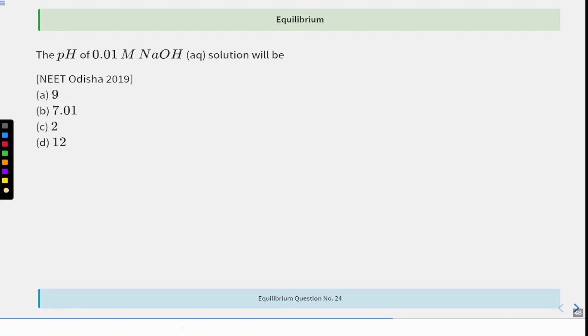Now, pH is basically we are trying to measure how acidic our solution is. Now you know that pH lies on this scale of 0 to 14, and we have a middle number that is 7.